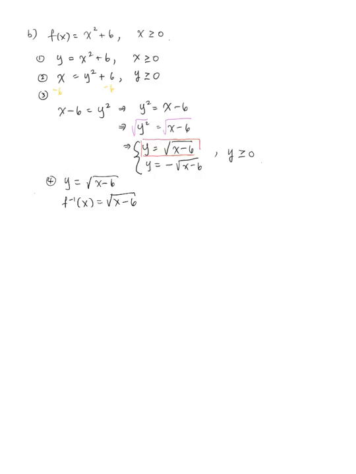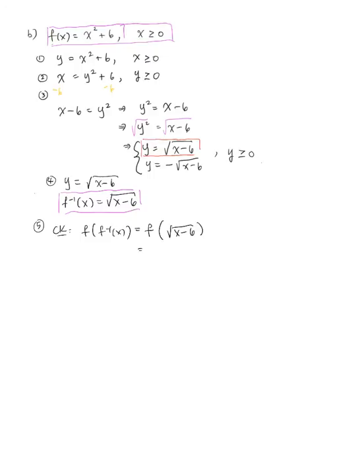Alright, so let me just box this. And let's box our f of x as well, because we are about to check. Oops, I'm just going to include this guy as well. Alright, so let's do it. Step 5, check. F of f inverse of x. So this is f of square root of x minus 6.